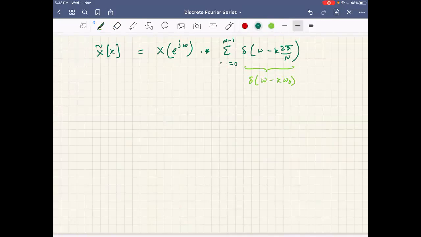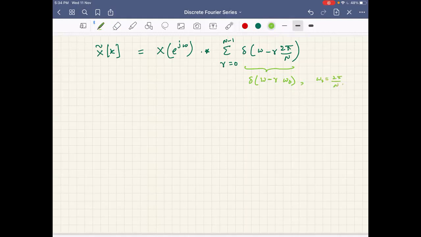So here also it is variable r: omega minus r times omega naught, and this omega naught is equal to 2 pi by N.